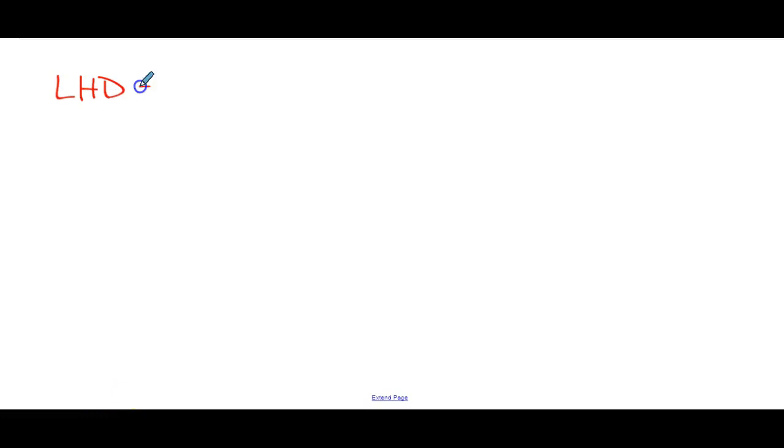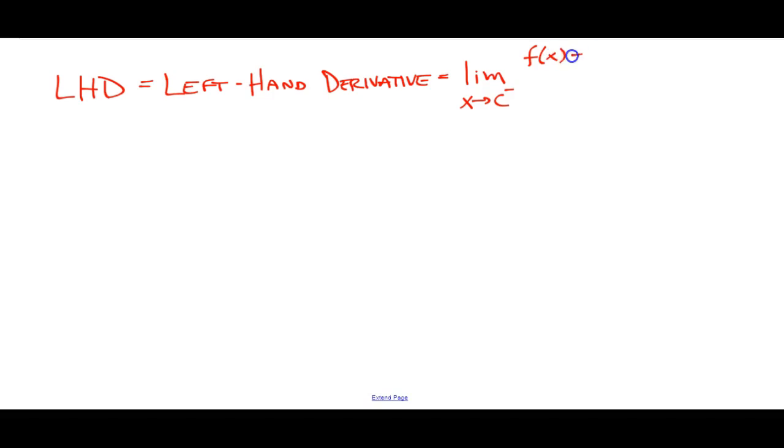LHD stands for left-hand derivative. And it means the following. The limit as x approaches c from the left of f of x minus f of c all over x minus c.